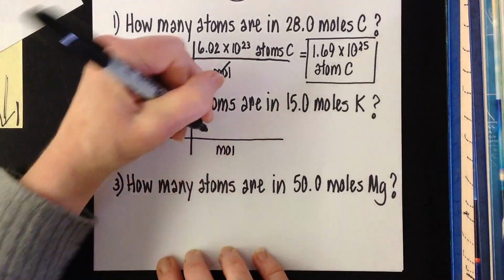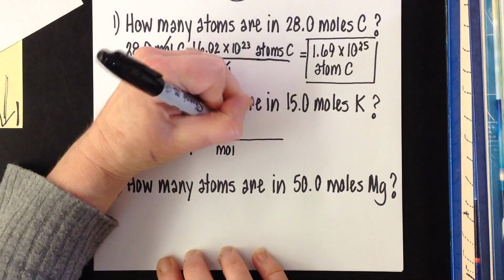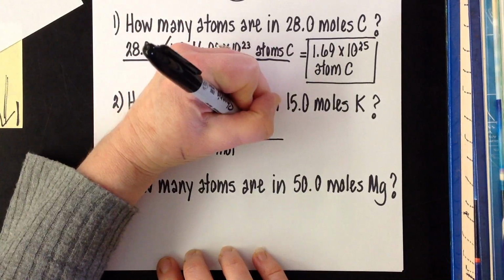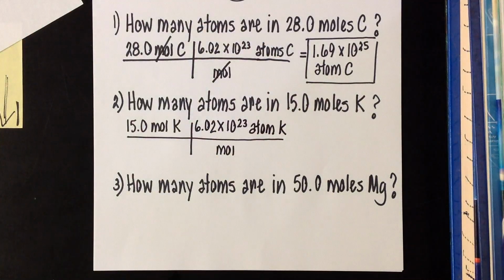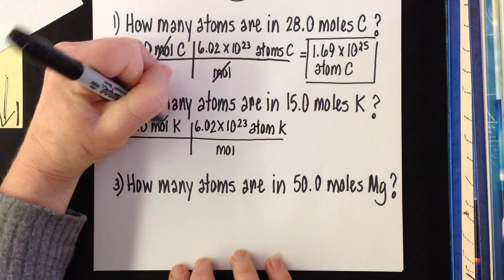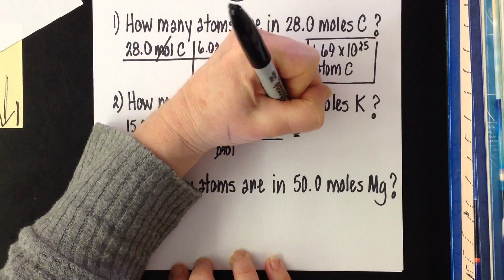By default, that leaves the 6.02 times 10 to the 23rd atoms, and potassium's just labeling what it is on top. Moles cancel, and we are ready to multiply across the top.